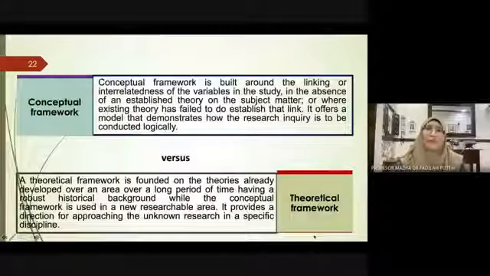Now moving on to conceptual framework and also theoretical framework. Basically, a conceptual framework is built around the linking or interrelatedness of the variables in the study in the absence of an established theory on the subject matter.